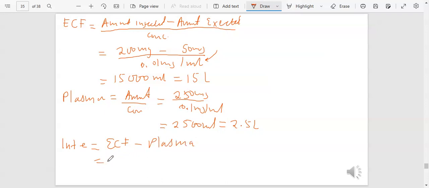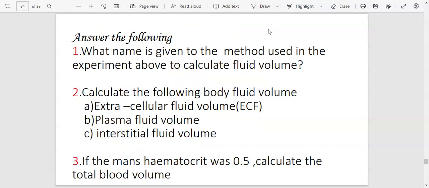So the ECF we've calculated is 15 liters. The plasma we have calculated is 2.5. Let me see what the question was asking us to calculate.